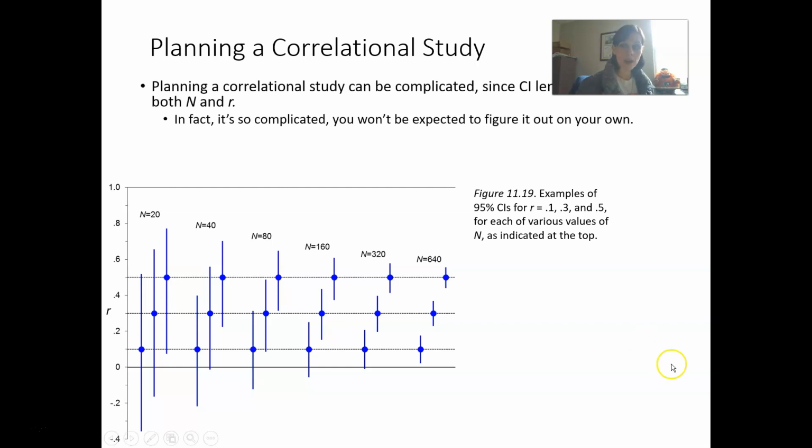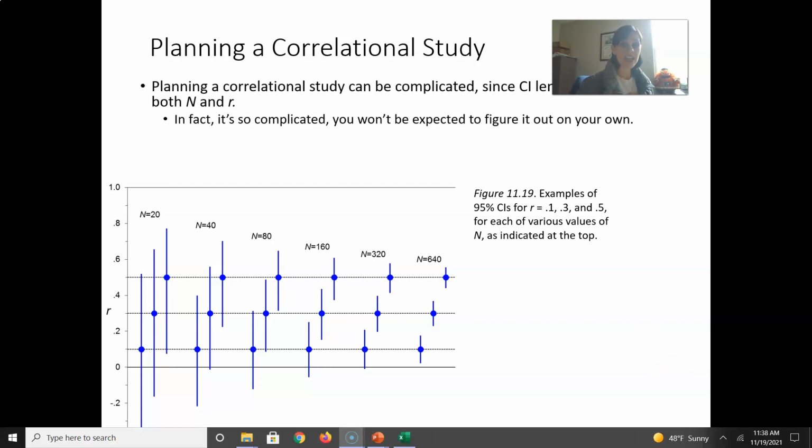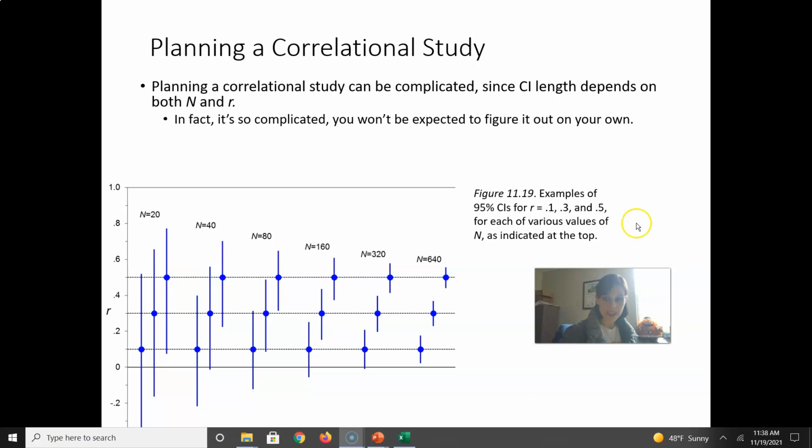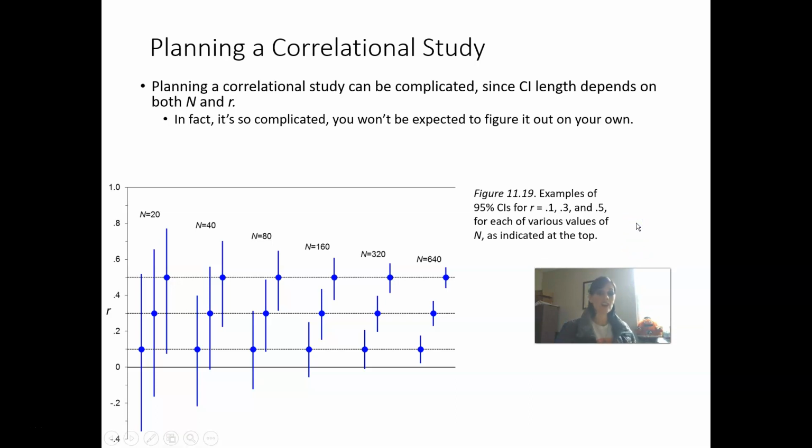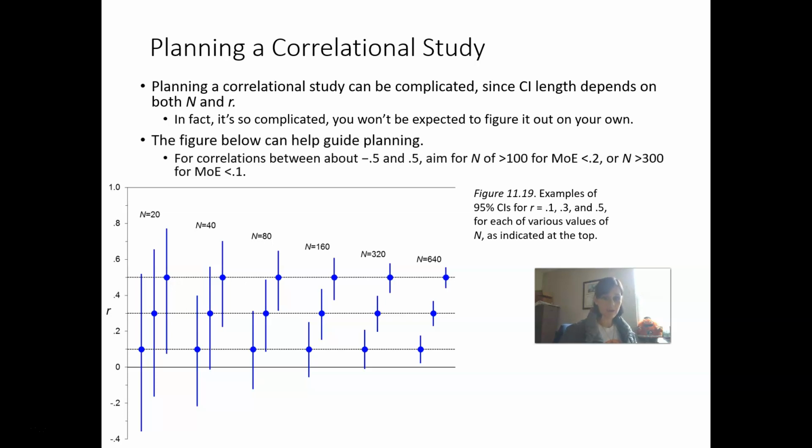Okay, so if you want to plan a correlational study, this can be complicated because your confidence interval length not only depends on your correlation coefficient, it depends on the number of people. In fact, it's complicated enough that you are not expected to figure this out on your own. Figure 11.19 in your book can actually be pretty useful for this.